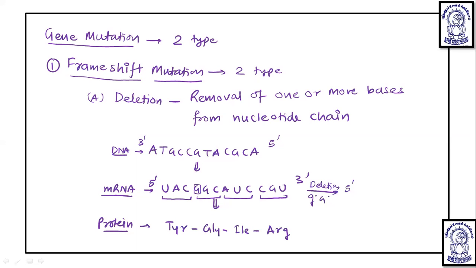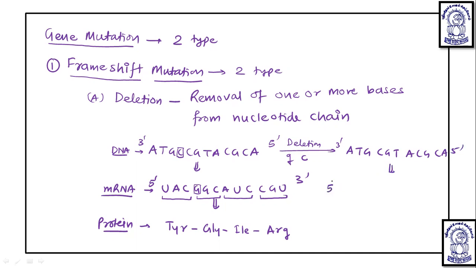If C gets deleted on the DNA, then the coding sequence is going to be ATG, then CGT, ACG, CA, and 5'.